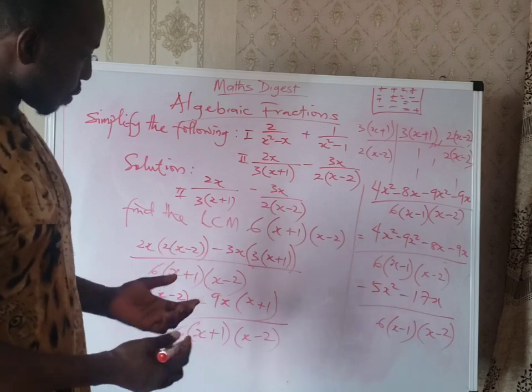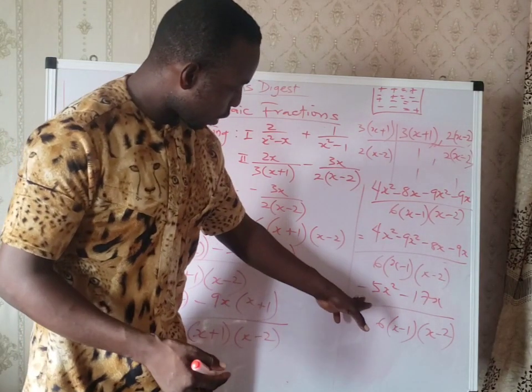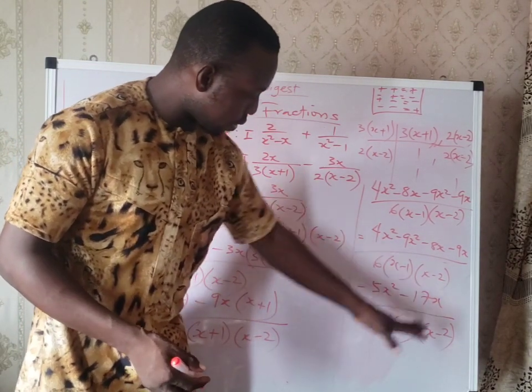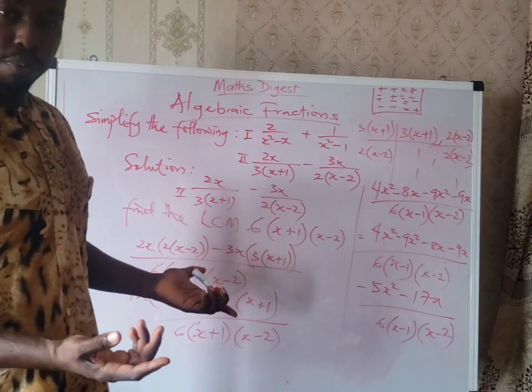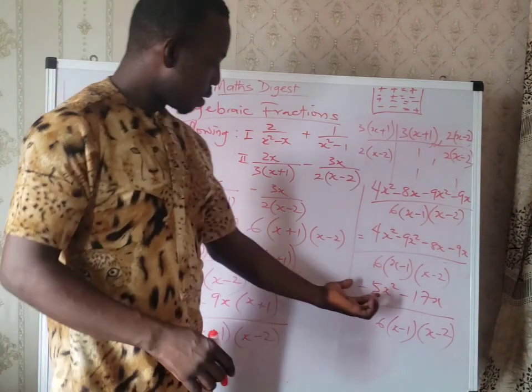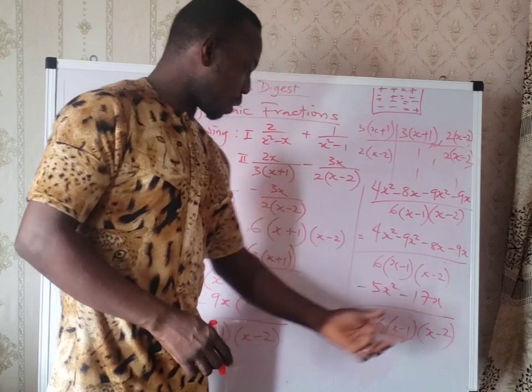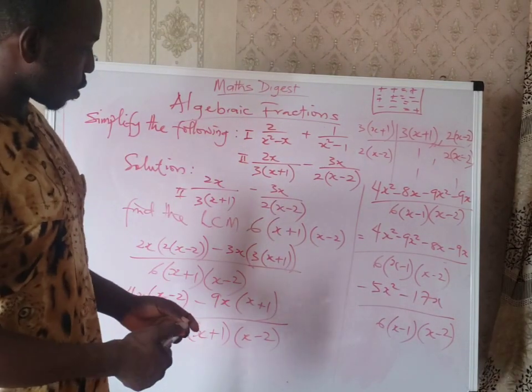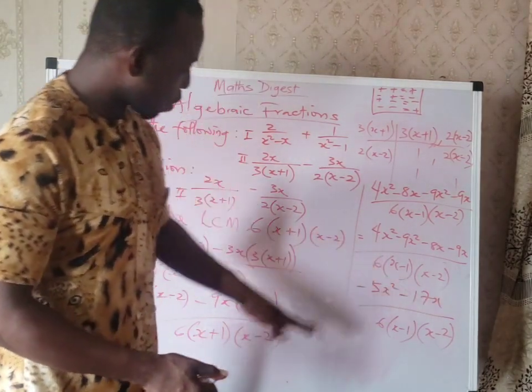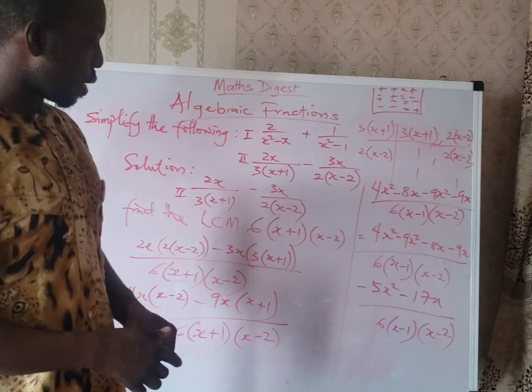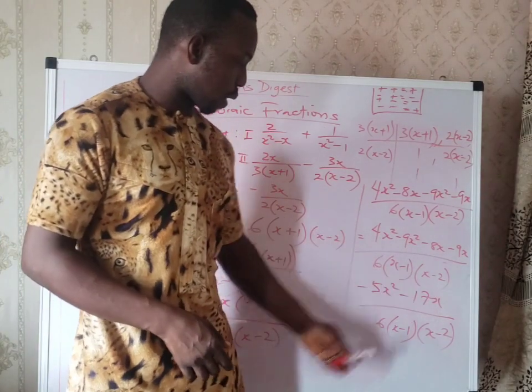Except maybe at this point, looking at having this and this as well, we can end up saying, let's change this numerator. If we want to change that, we bring out the common thing there. The only thing that can divide these two things is 1.